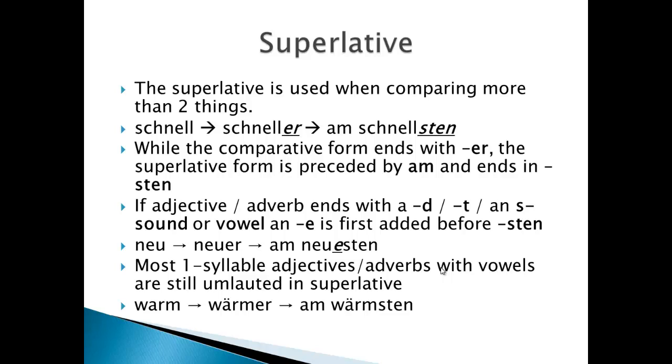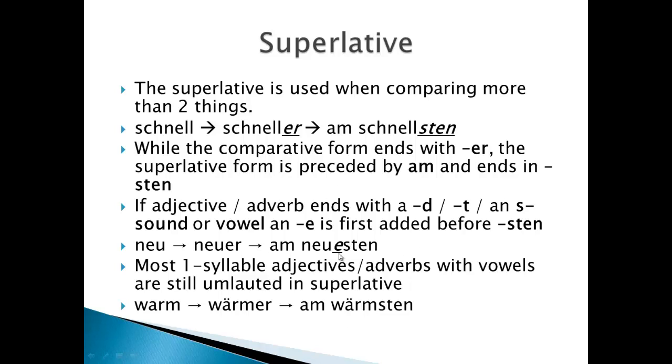Or with an S sound, heiß, heißer, am heißesten. So there are more examples of that on page 260 at the bottom. And if you do have those one syllable words with the vowel that add an umlaut in its comparative form, the superlative form also gets that umlaut. Zum Beispiel warm, wärmer, am wärmsten. Okay. Oh, one little side note.